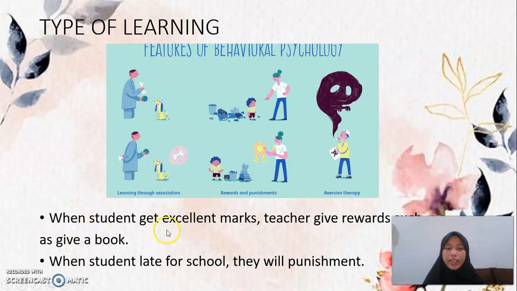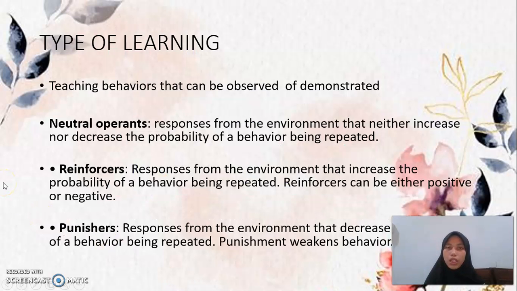When students get an excellent mark, the teacher will give rewards such as a book or praise, or a sticker that shows the student did an excellent job. For punishment, when a student is late for school, they will get punishment such as copying the homework 10 times more.